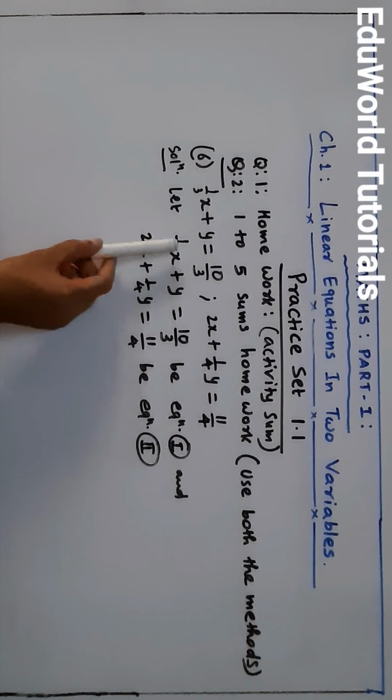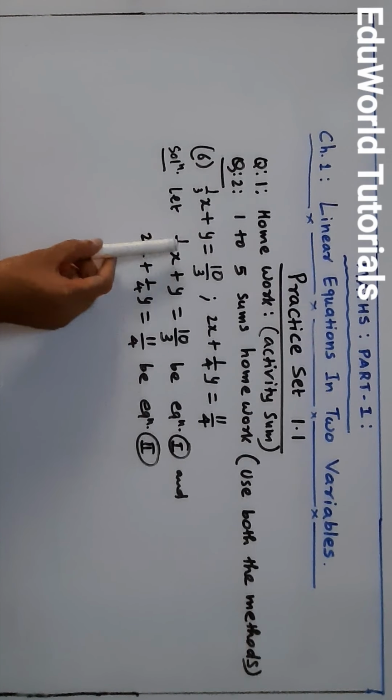Whereas in the second one we are multiplying each term by 4. So 4 multiplied by 2x, the first term 2x is multiplied with 4. The second term 1 upon 4y is also multiplied with 4. And the third term is also multiplied with 4.